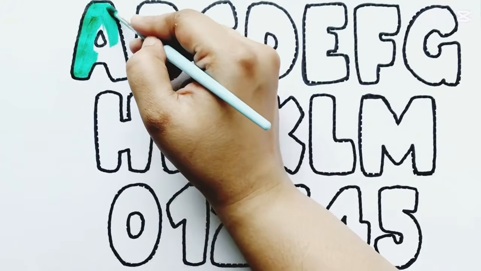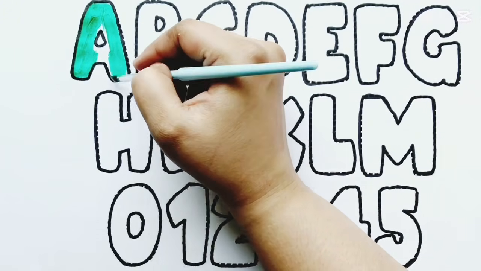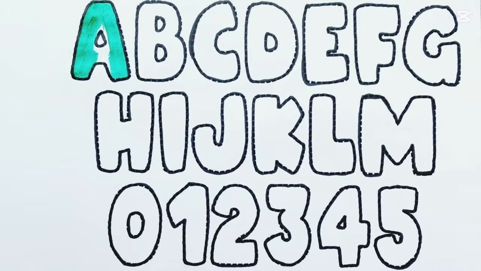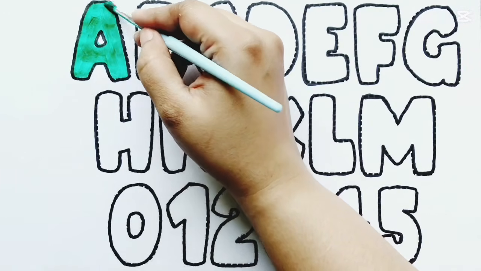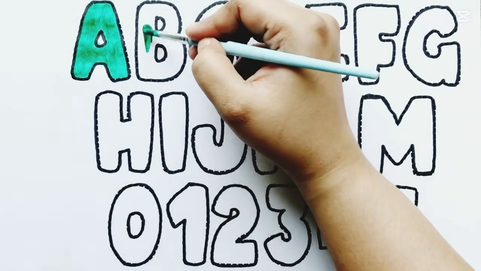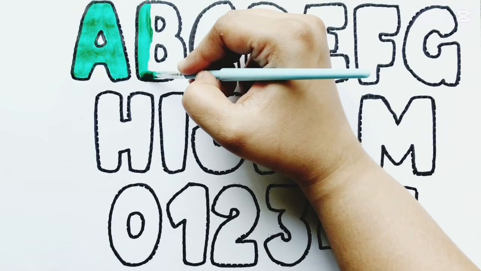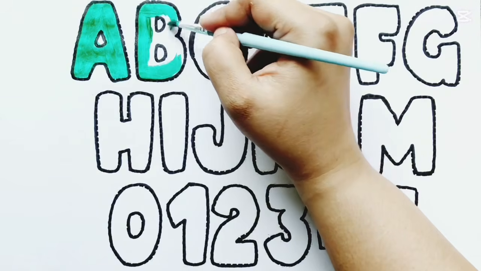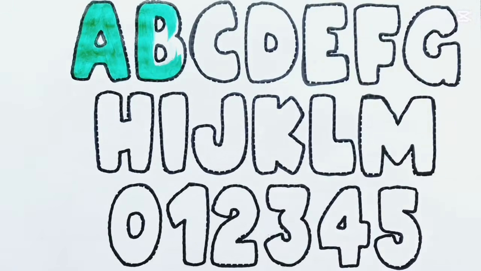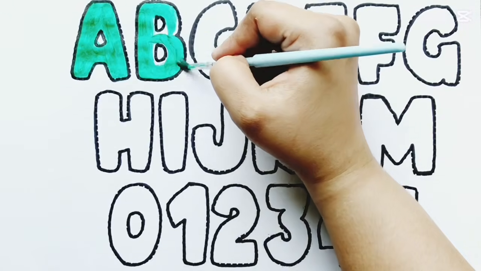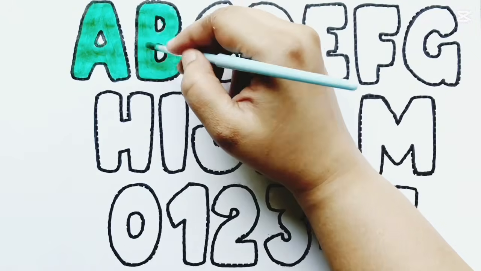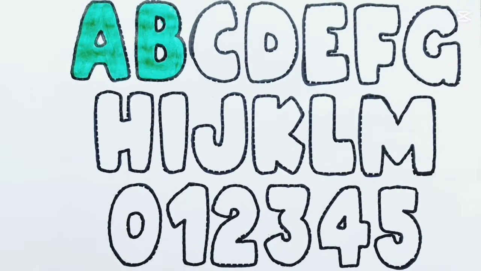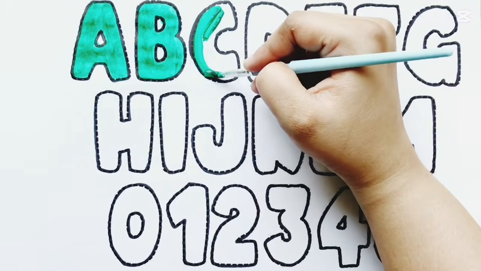Capital letter A. A for aeroplane. B for banana. C for cow.